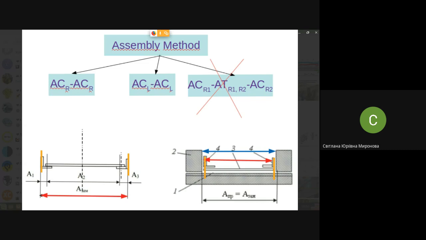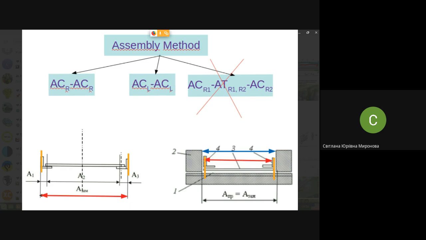Each time this dimensional chain consists of 3 links. On the right picture, it's not drawn properly. We know the clearances, the dimensions between the jig and the outer cap, but I hope you remember that it was also a chain of 3 links, and we are interested in one of these links, which depends on 3 other links.